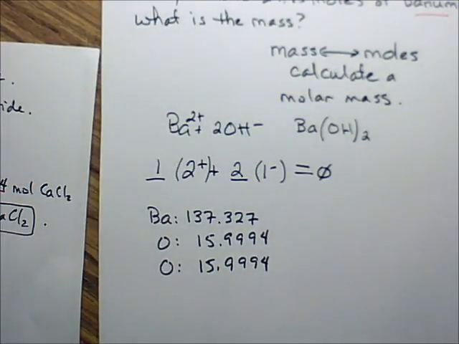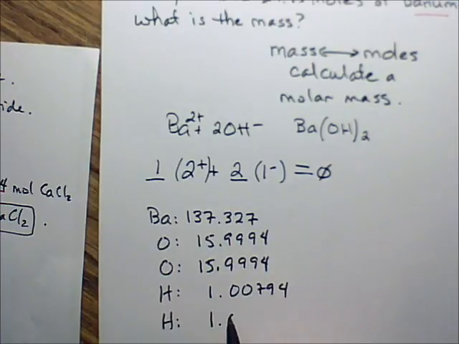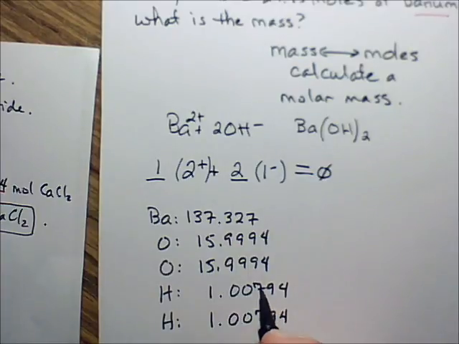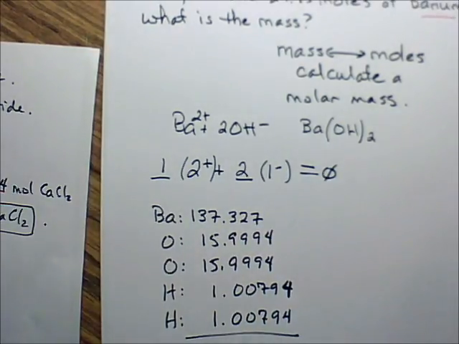And I've got 2 hydrogens. Hydrogen is 1.00794, and since I've got 2 of them, I put it twice. Now we're ready to add all those up.